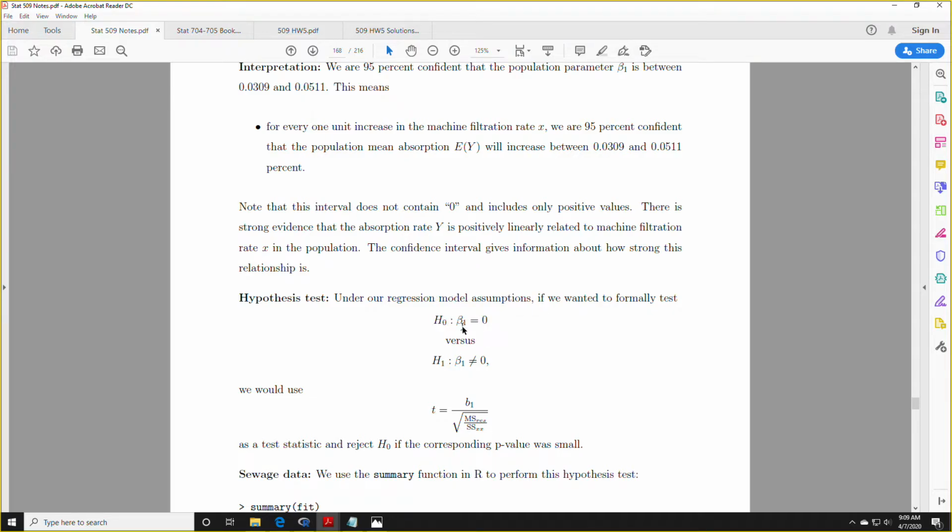Okay, so this hypothesis test is stating the null hypothesis is that the slope is equal to 0, right? Meaning whenever x changes by 1, y changes by 0, meaning there's no relationship between y and x, versus the alternative that the slope is anything other than 0, meaning that there is a relationship.